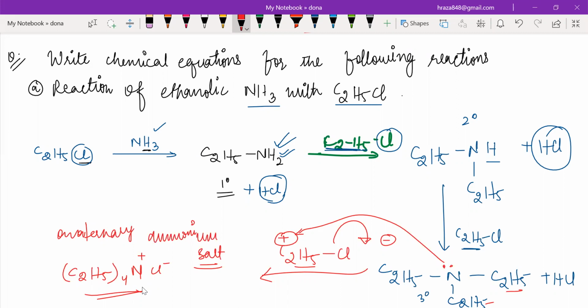If moles are given, like you need to use only 1 mole or 2 moles, then one mole is used here and another mole is used here, so the main product will be this. If it is given that you need to use only this much, you need to stop accordingly. If it is not given, then you have to go to the end.